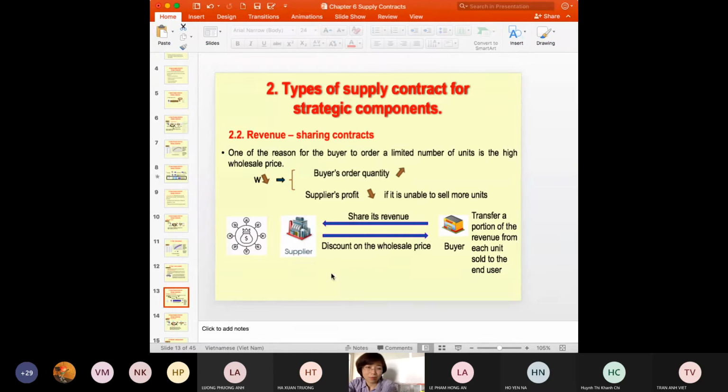Okay, so let me go back to the question: revenue sharing contracts. Revenue sharing contracts address one of the reasons the buyer limits the number of units they order, which is the higher wholesale price.